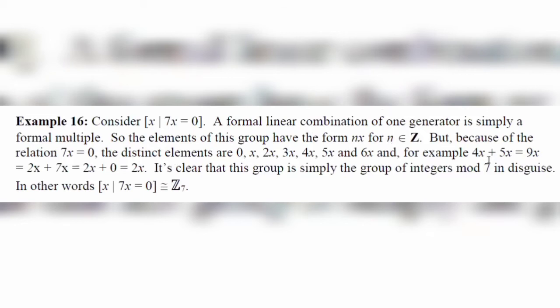If, for example, we add two numbers from our distinct elements, we get 9x. So it is clear that this group is simply the group of integers mod 7. We can write it in the form of an isomorphism: the group generated by x with 7x equals 0 is isomorphic to Z mod 7.